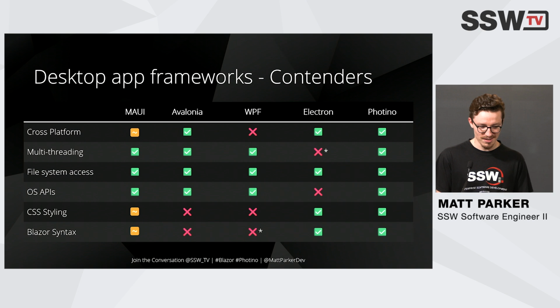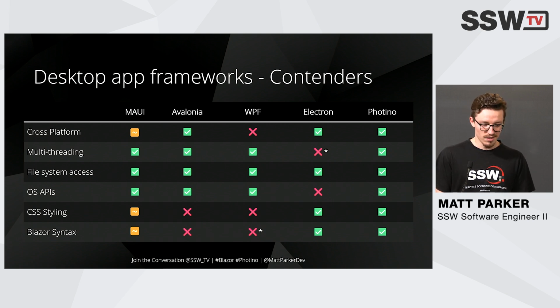But it is multi-threaded. You do have file system access. You can access operating system APIs. You do get CSS styling if you use a Blazor web view inside MAUI. And it is Blazor syntax if you use a Blazor web view.